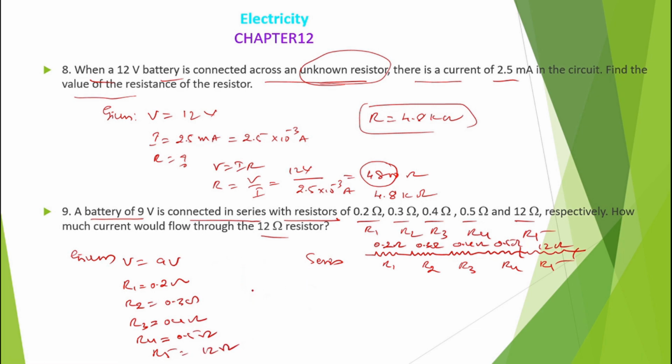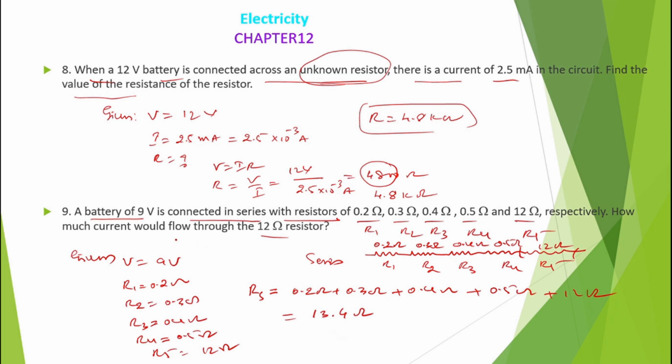So it is in series connection, that means RS is equal to 0.2 ohm plus 0.3 ohm plus 0.4 ohm plus 0.5 ohm plus 12 ohm. If you add this, you will get 13.4 ohm. So total resistance is 13.4 ohm.